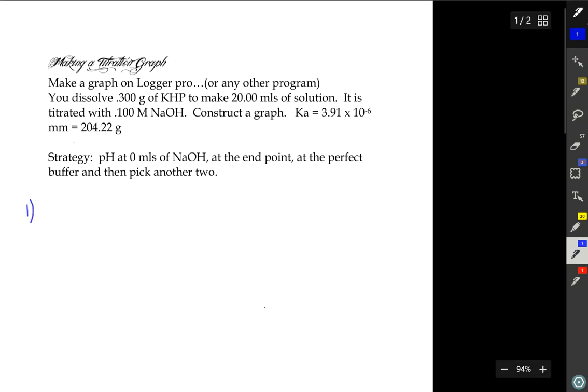Now, there's one thing that's not implicit here, which is that you have to have a solution of KHP before you titrate it. So I'm going to say I added 0.3 grams of KHP to 20 mL of water. And if I do that, this is what happens.